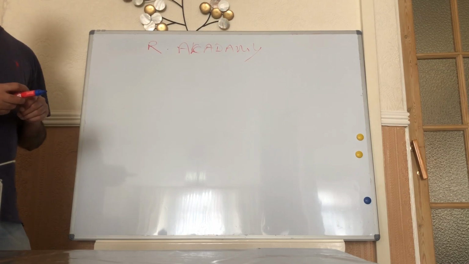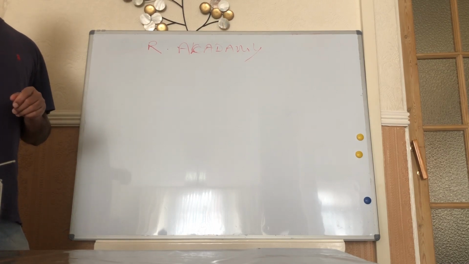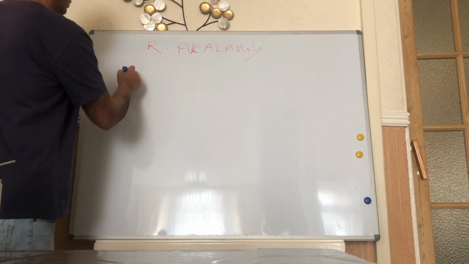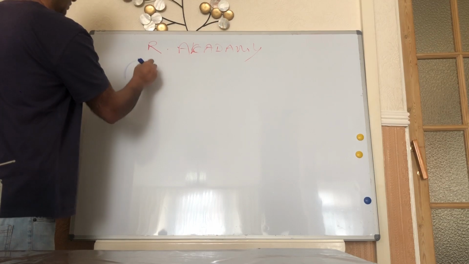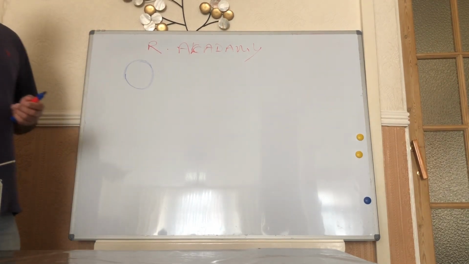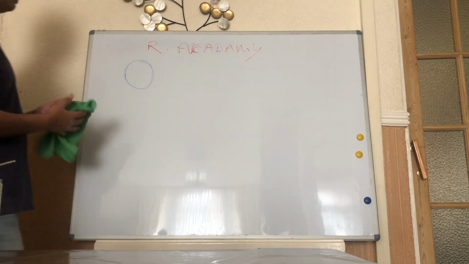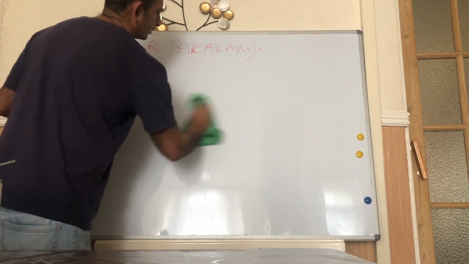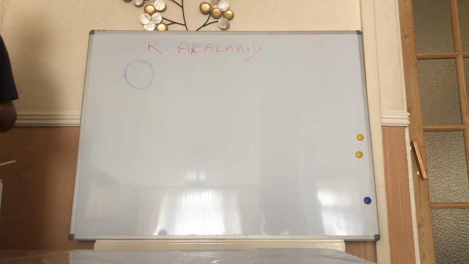So basically you've got 1, 2, 3, 4, 5, 6, 8. So we've got 2 circles.